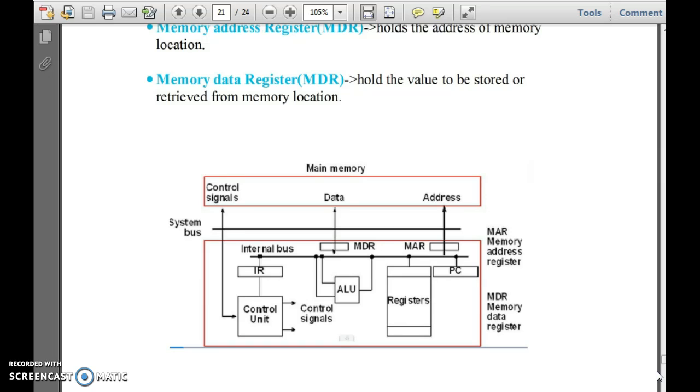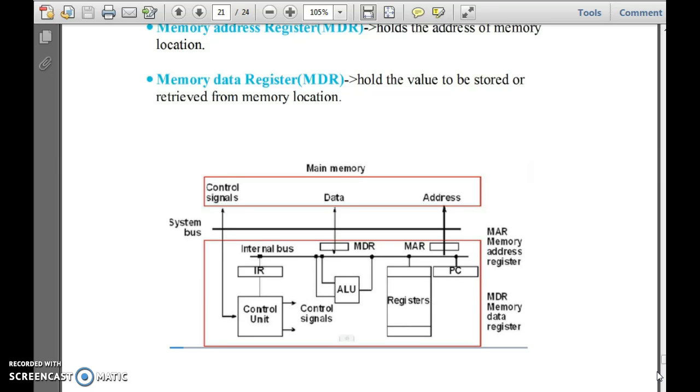First the instruction will be loaded and given to the arithmetic and logical unit. The arithmetic and logical unit has some operands that have to be fetched from the main memory. So again the address is given to the memory address register, the value is fetched and given to the memory data register, and from the memory data register it is given to the arithmetic and logical unit.